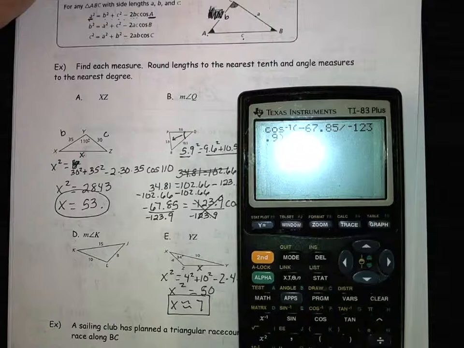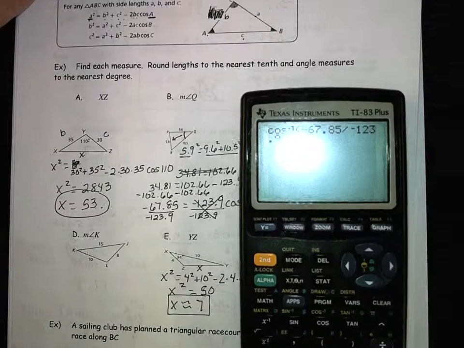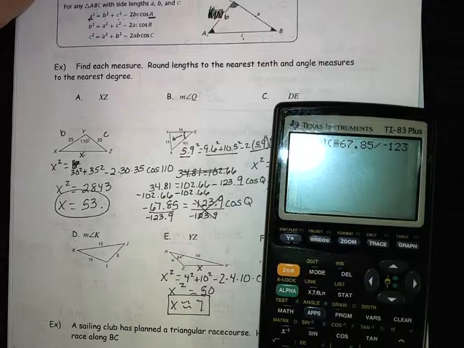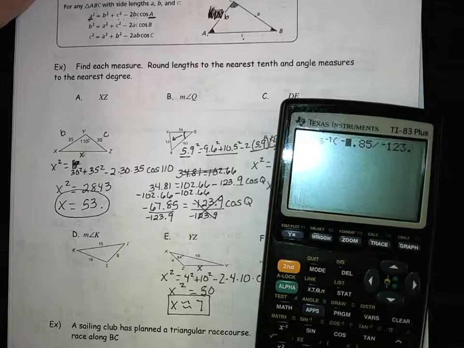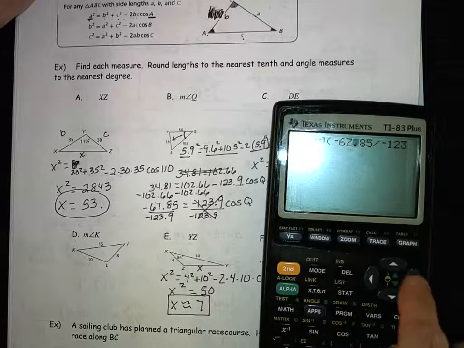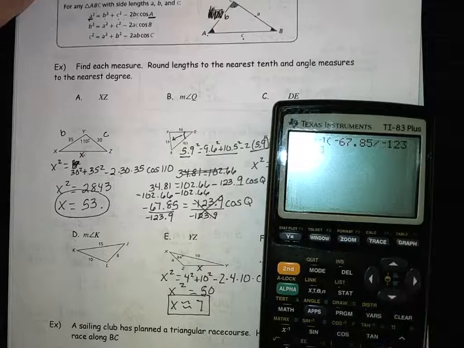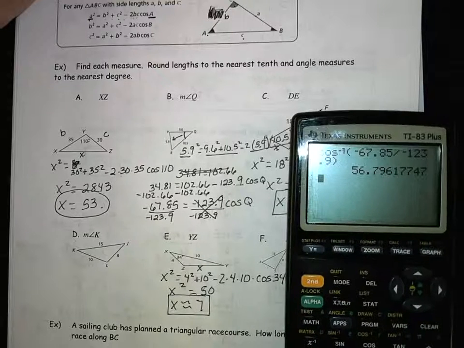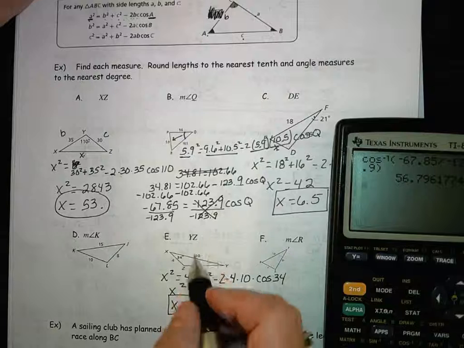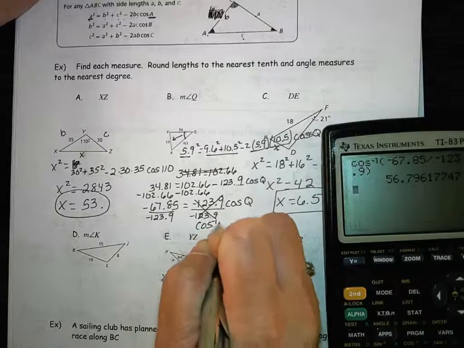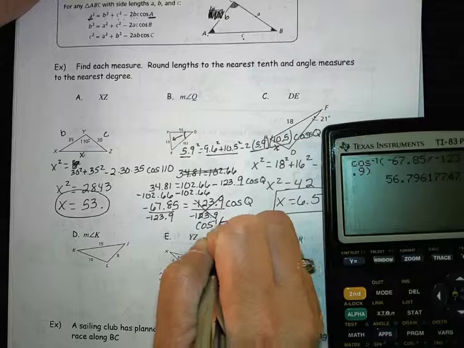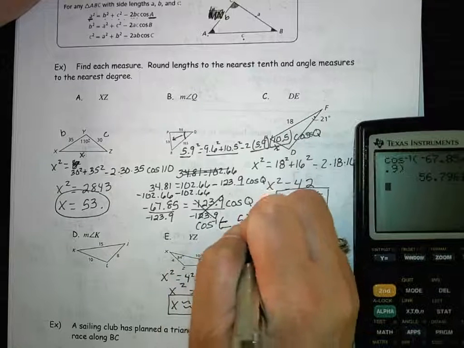Divided these two and did the inverse cosine, and I get an error. Oh, I think I did a subtract rather than the negative there. Okay, now let's try this. 57.79. So that tells us that that angle, when we did the inverse cosine, equals 57 degrees.